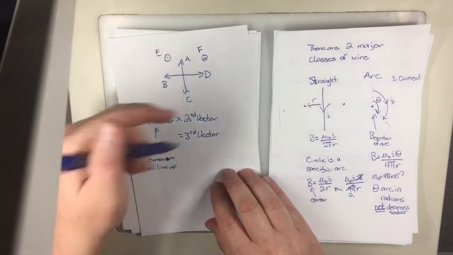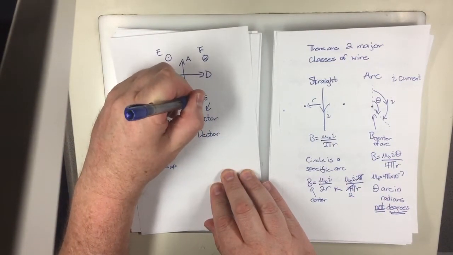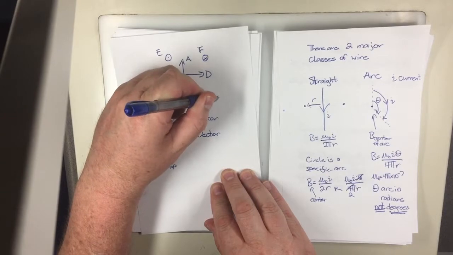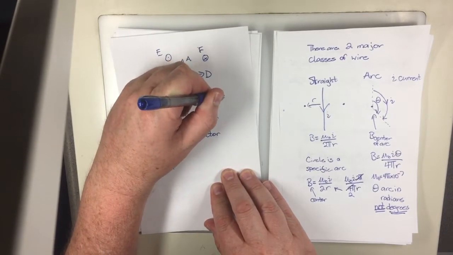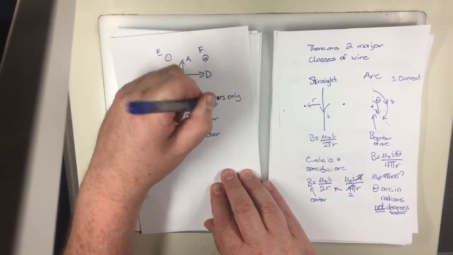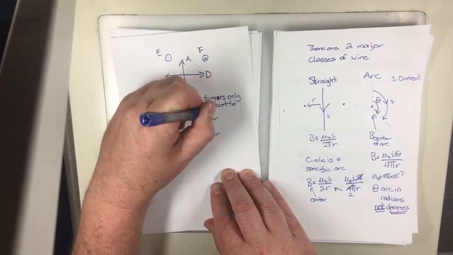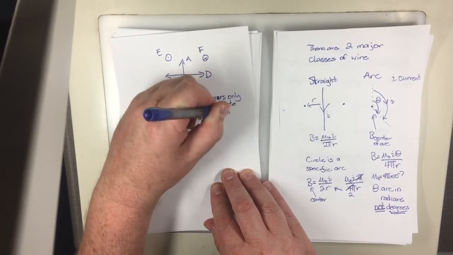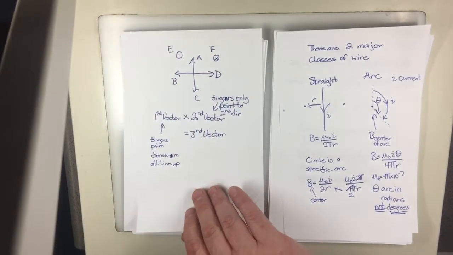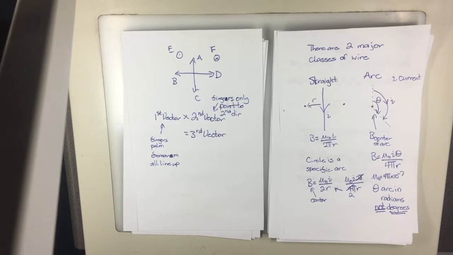The second vector: only the fingers point to the second direction. So if we have A cross B, A is towards the ceiling, B is towards the wall. Notice how when I go from A to B, the only things that move are the four fingers.